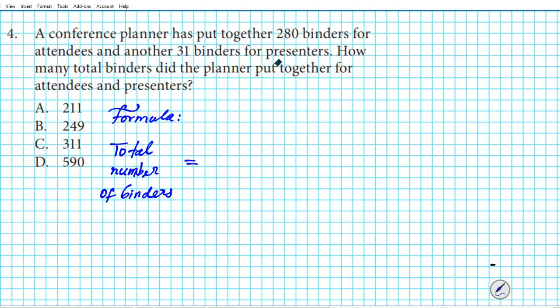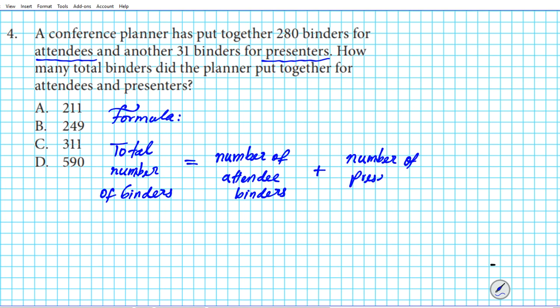We have two component binders here, attendee binders and presenter binders. Okay, so it's going to be the number of attendee binders plus the number of presenter binders. So that's the formula we're going to use to solve this particular problem.